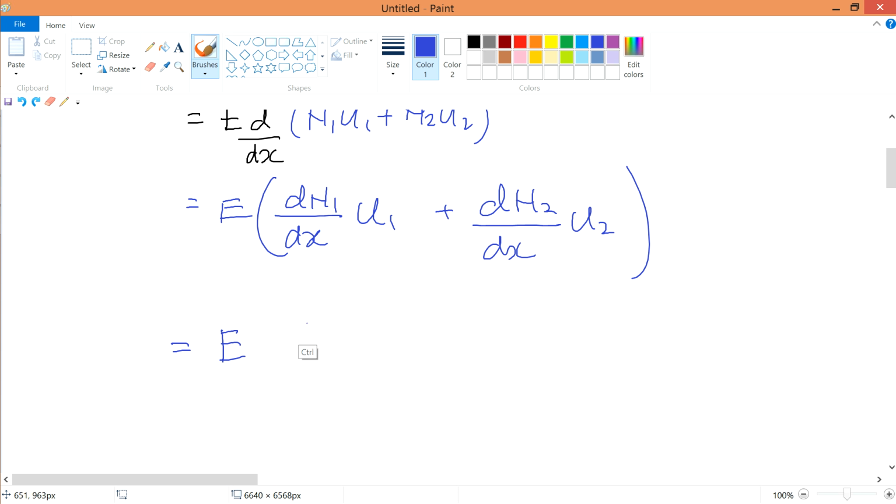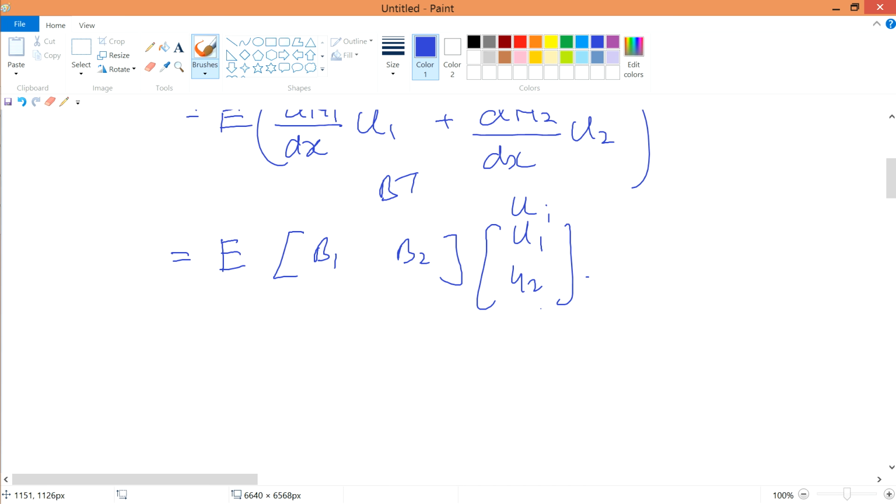So what we have is B1 B2, and then we have u1 u2. So this is B transpose, this is ui. Maybe I should write it in a more straightforward way.